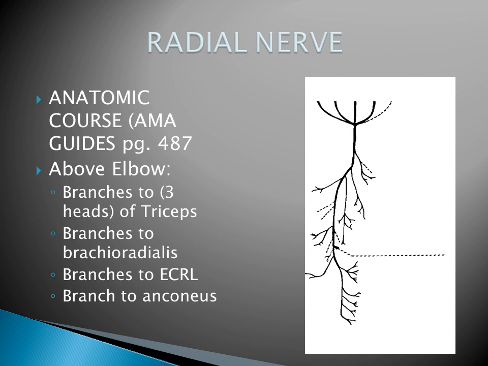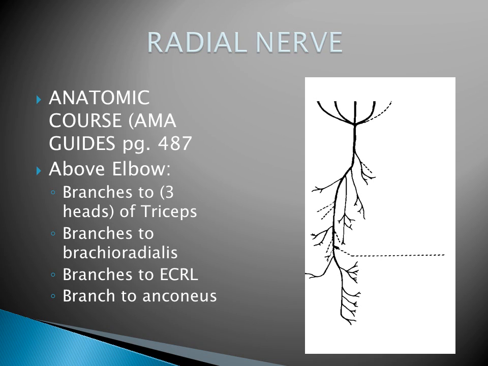You'll notice at the top of the diagram it shows the nerve root contributions that contribute to the radial nerve. And you can see that they're showing definite contributions from C5, C6, C7, C8, and then on T1 they used a dashed line, and that's used to indicate an inconstant or occasional contribution of the T1 nerve root to the radial nerve.